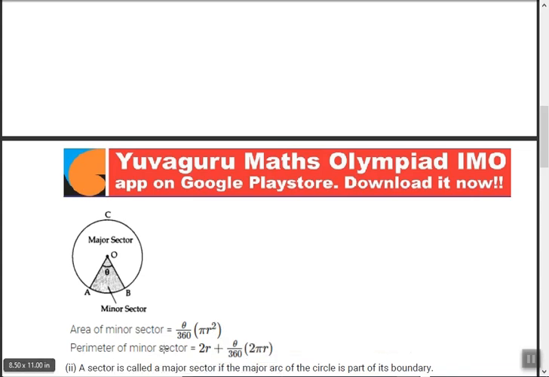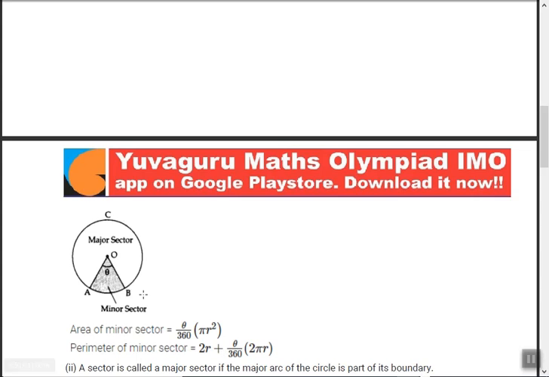Now the perimeter of a minor sector. We are not calling it circumference over here because circumference is only for a circle. Perimeter means this minor arc plus these two radii, right? So that is 2r, this r plus r, plus the length of this arc, that is theta upon 360 into 2 pi r.